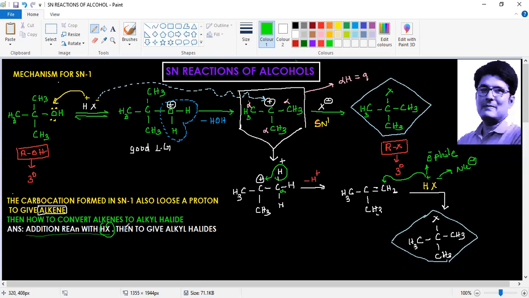Among hydrogen halides, the most reactive is hydrogen iodide, after that hydrogen bromide, after that hydrogen chloride. Don't forget this. That's it.